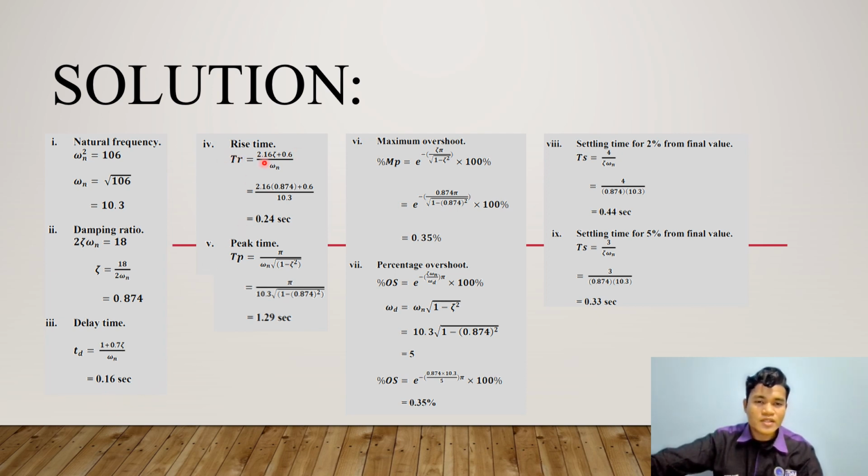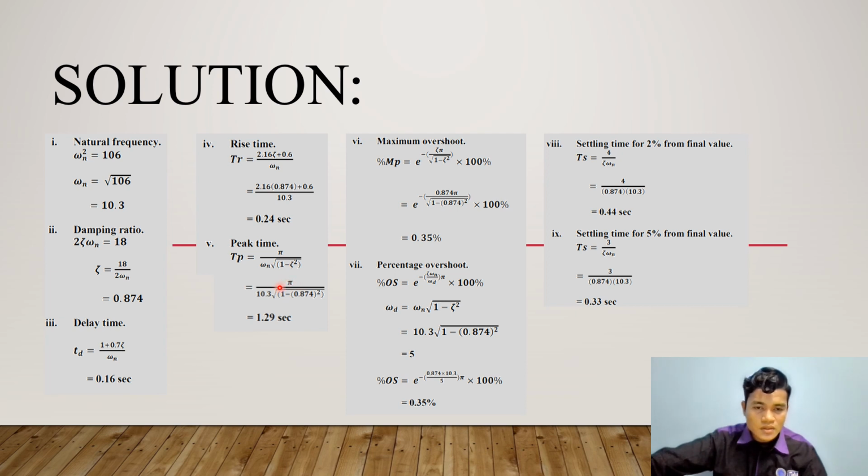For number 4, rise time, the formula for rise time is 2.16 times damping ratio plus 0.6 over natural frequency. So we got 0.24 second.